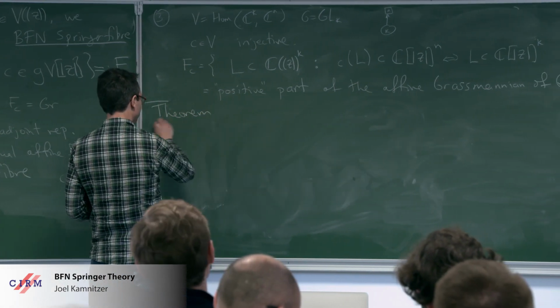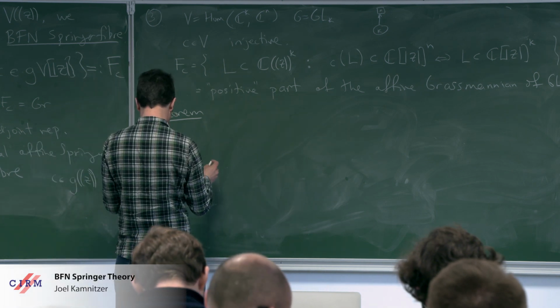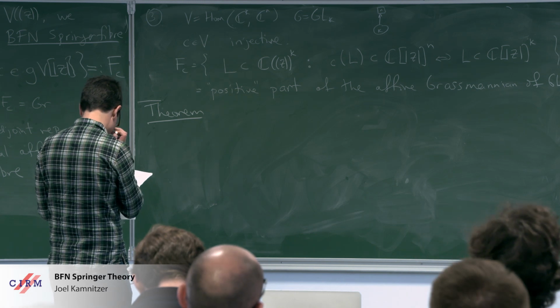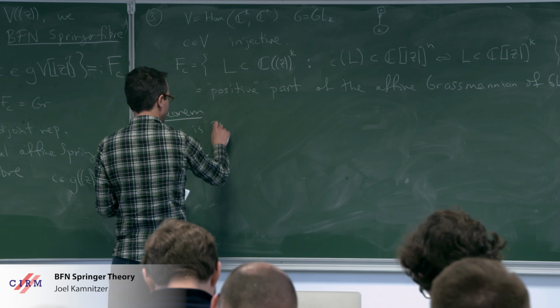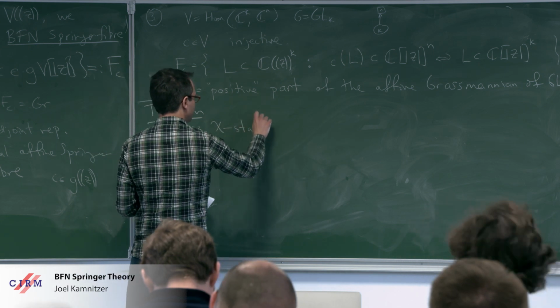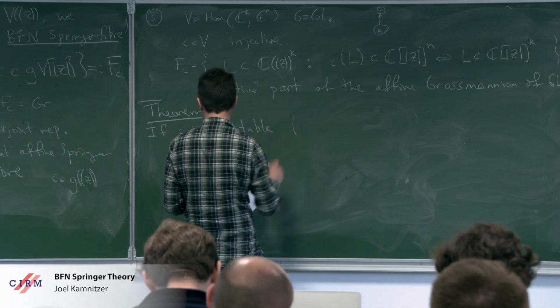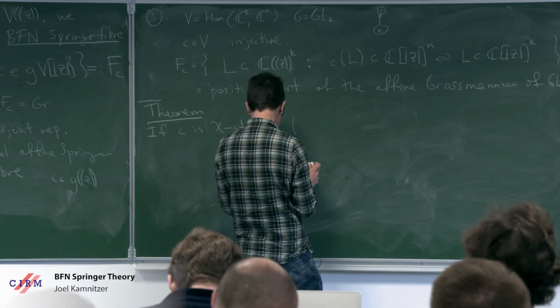Okay, now I state my theorem. This is joint work with Justin and Alex. The theorem is that if C is chi-stable, and remember we had this chi, the character of G. This is the first place it really seriously enters.